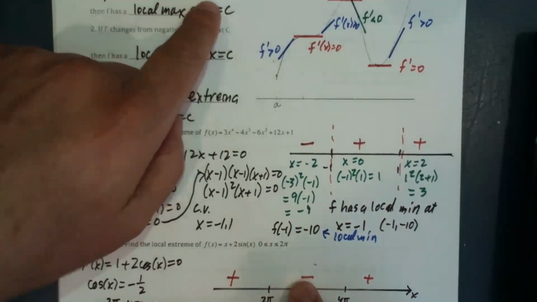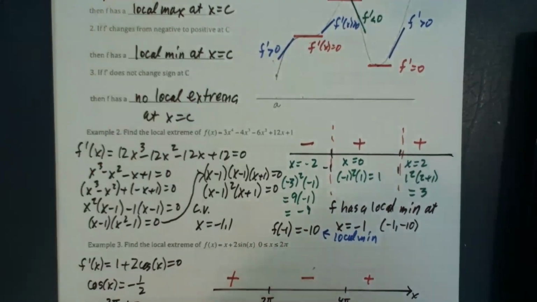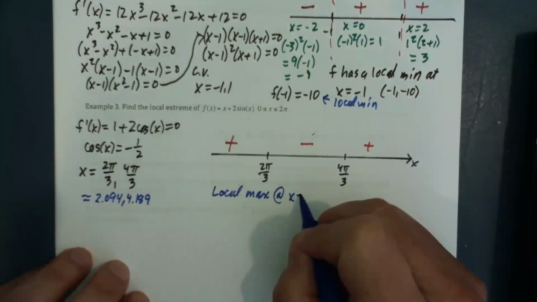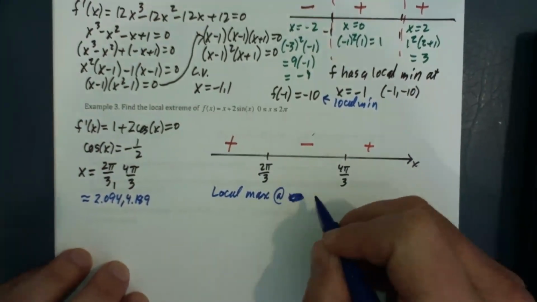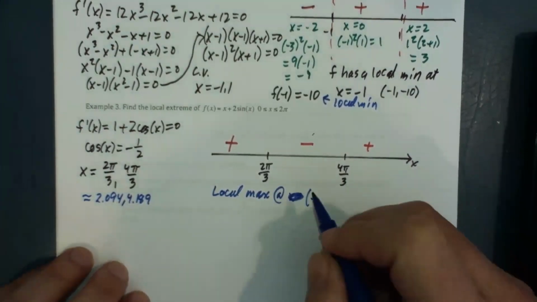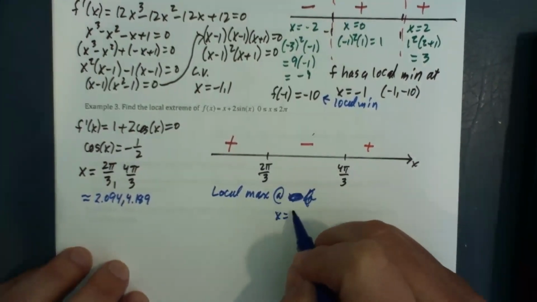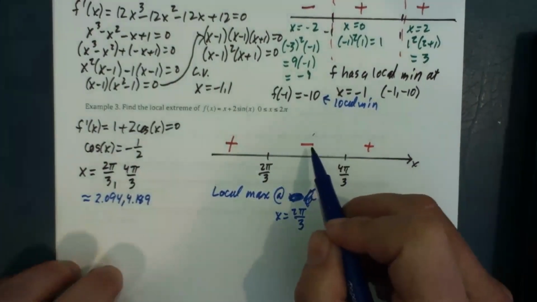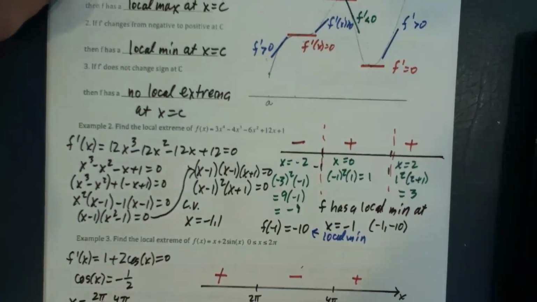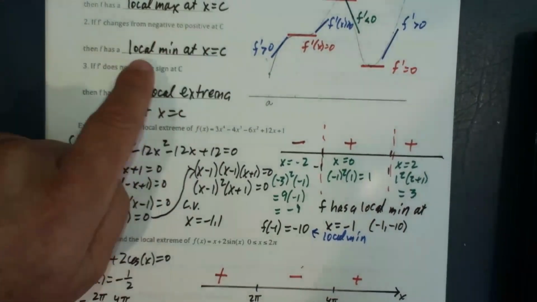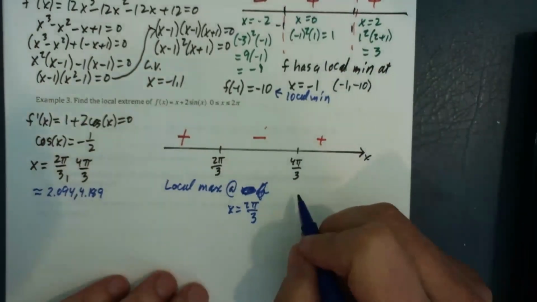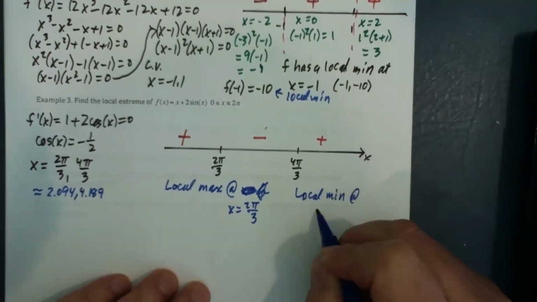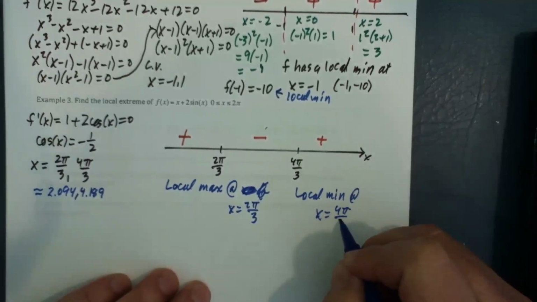So we have a local maximum at x equals 2 pi over 3. And because we're going from a negative to a positive, we have a local minimum at x equals 4 pi over 3.